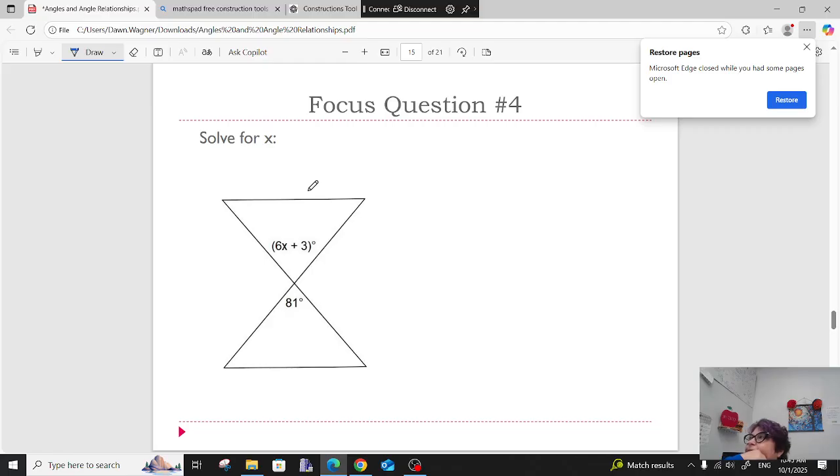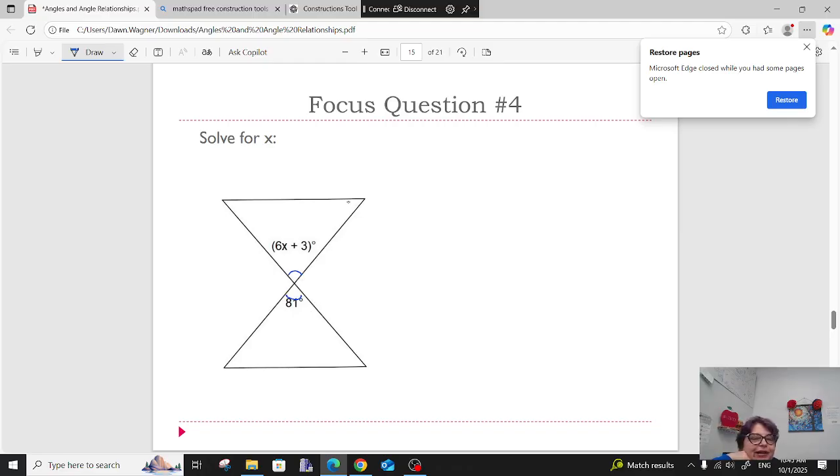Uh-oh. Any ideas? You are a genius. Why do I know 6x plus 3 has to equal 81? What are these called again? They're congruent because they are vertical angles.